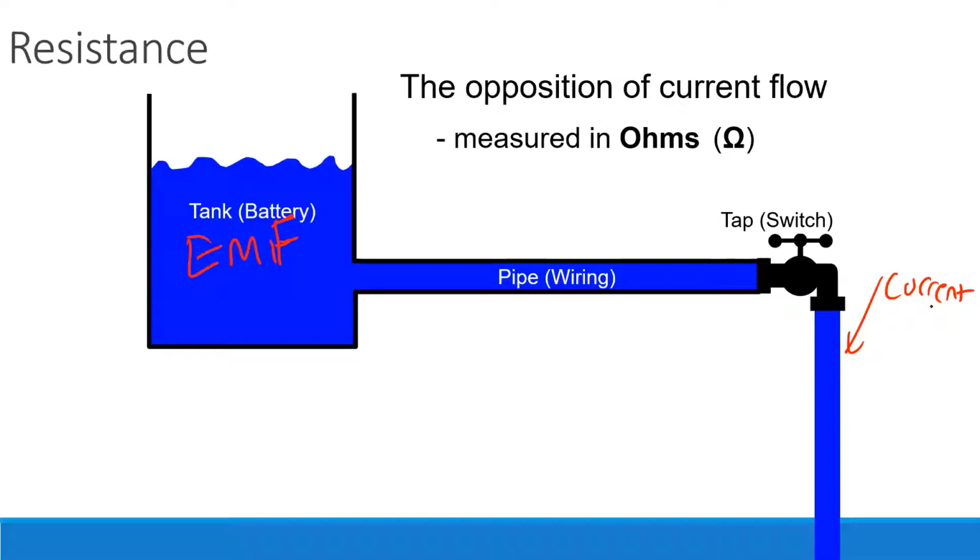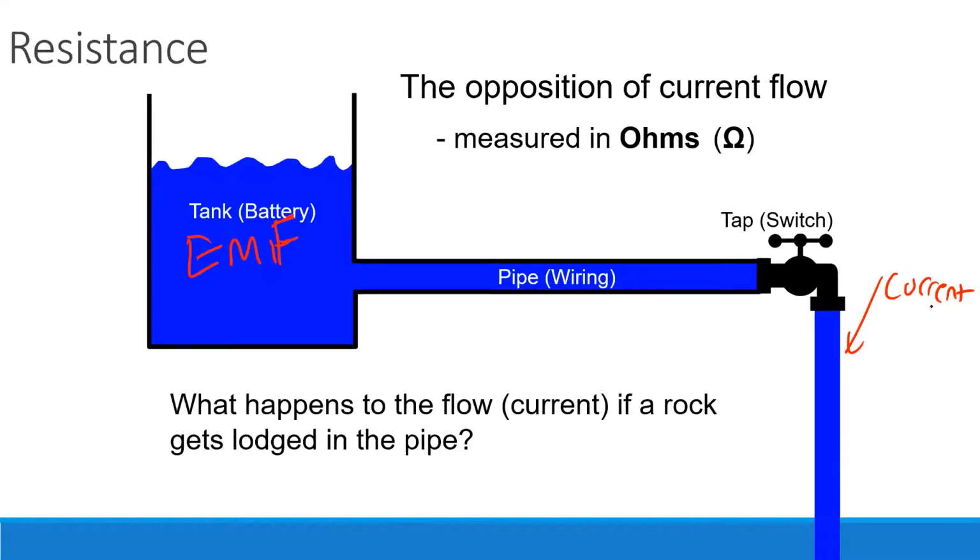So where's the resistance? Well, what would happen to the current, I, if I was to add a rock? If I drop a rock into this pipe, it's going to make it harder for the water to get through the pipe.